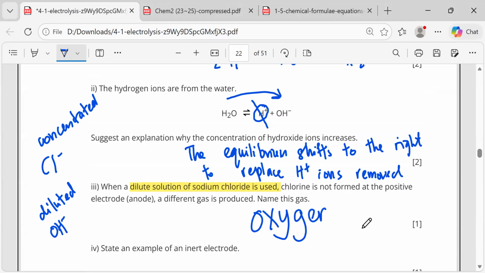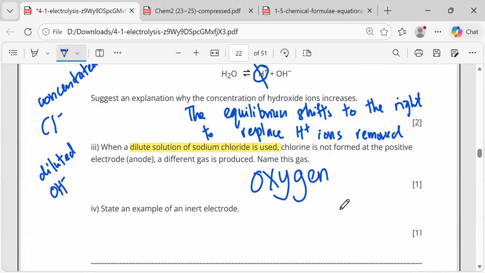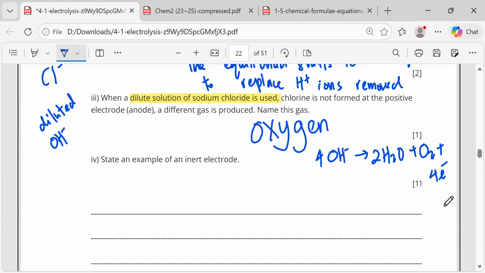You still got it wrong. I put hydroxide instead of oxygen. The gas, write this equation down, the gas that is formed. The inert electrode is graphite.